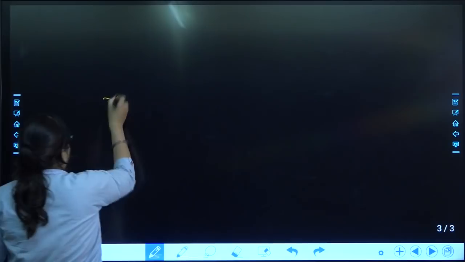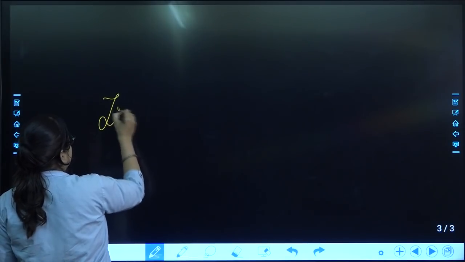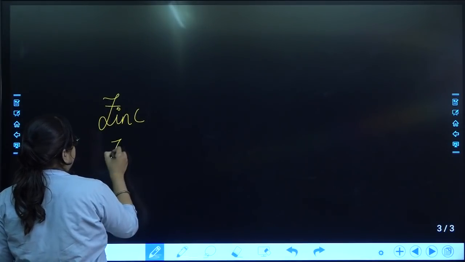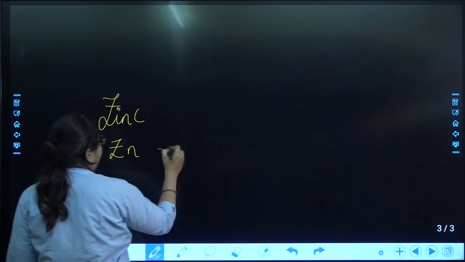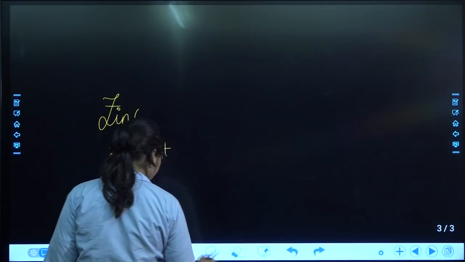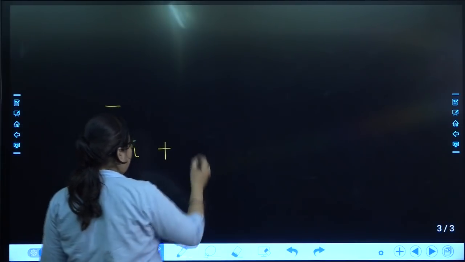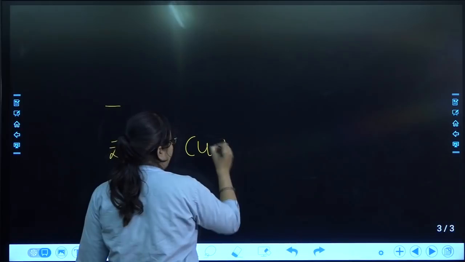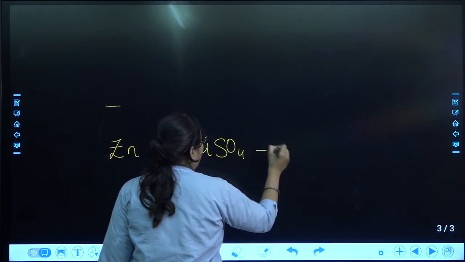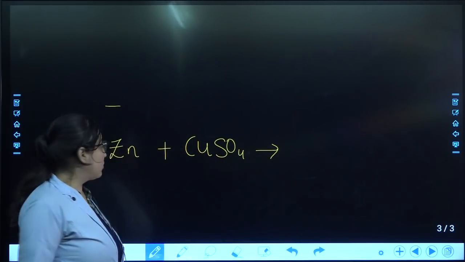Now, the very first reaction that we are going to observe is this. Zinc plus CuSO4. What will happen if we mix these two?